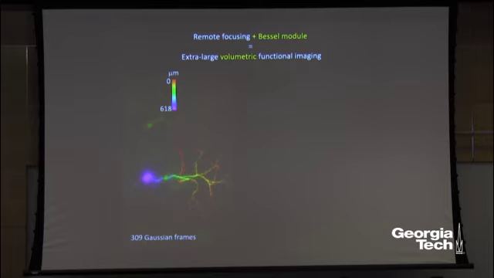Using a conventional imaging method, you need to take 300 images to cover this volume. But with Bessel beam, we can cover this volume in 6 scans of 100 micron long Bessel beam. And you can still see that we can resolve individual dendritic spines.